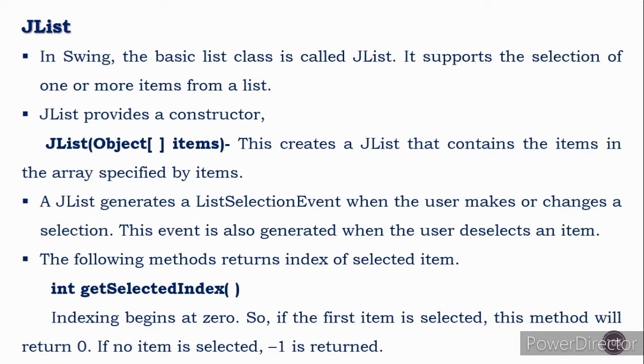A JList generates a list selection event when the user makes or changes a selection. This event is also generated when the user deselects an item. It means JList generates the list selection event two times, when we select an item from the JList and when we deselect an item from the JList.